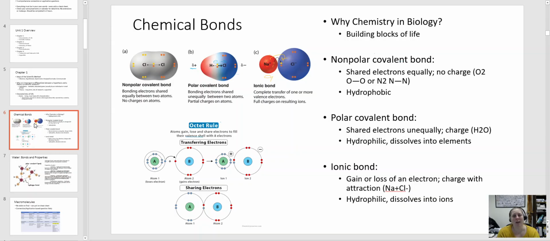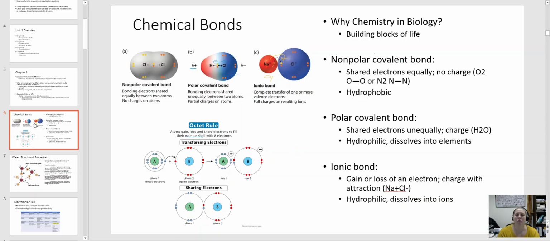Ionic bonds are the give a penny, take a penny, right? We give an electron, we take an electron. In this case, we are changing the entire structure of that element because that element is now either gaining an electron and becoming overall a negative ion, or losing an electron and overall becoming a positive ion. In this way, these are hydrophilic, just like our polar covalent bonds, but they interact with water by dissolving into ions.